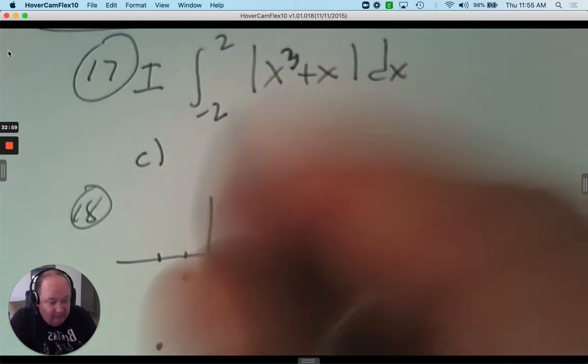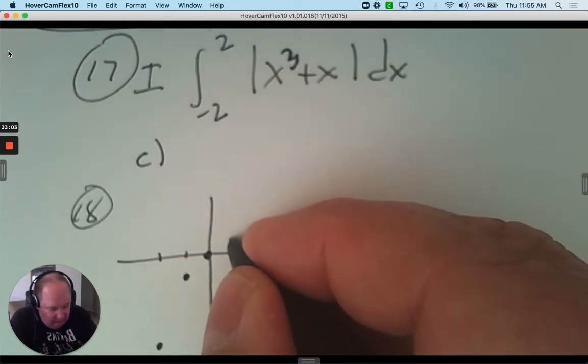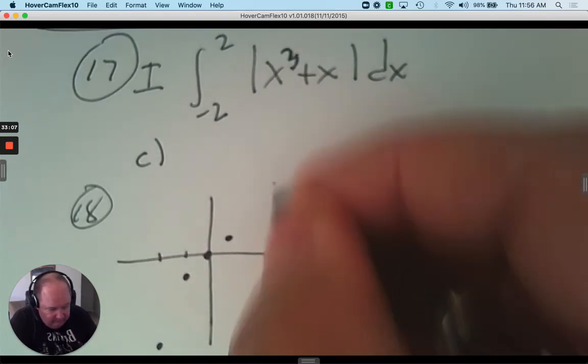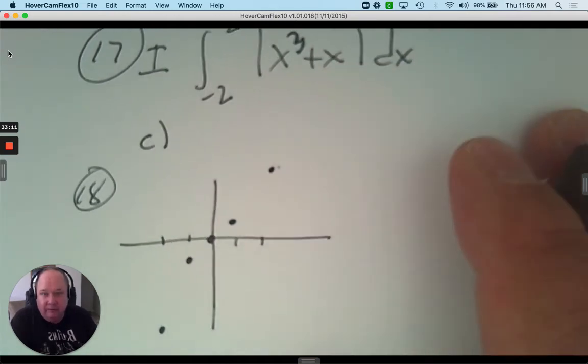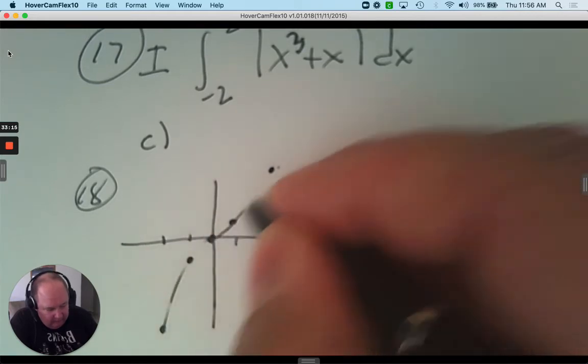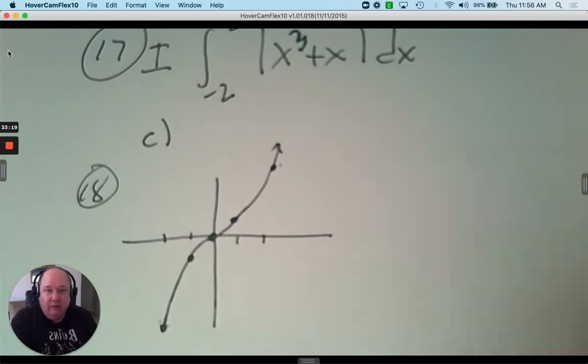If I plug in 0, the answer is 0. If I plug in +1, the answer is 2. If I plug in 2, the answer is 10. So it has symmetry, right? So this is what the graph would look like without absolute value, right? And so they match exactly.